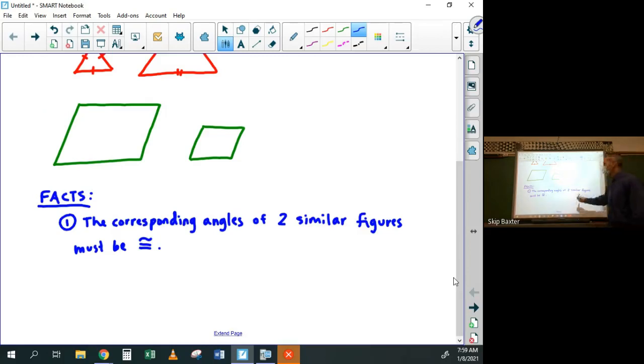Okay, so if I look at this picture up here, like this angle has to equal that angle, this angle has to equal that angle, and so on. This angle has to equal this angle, and this angle has to equal this angle. All the corresponding angles have to be the same.